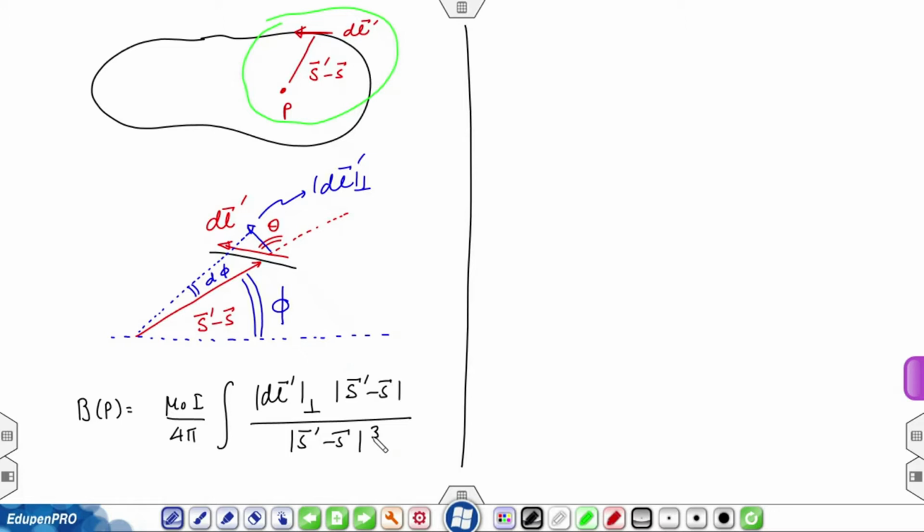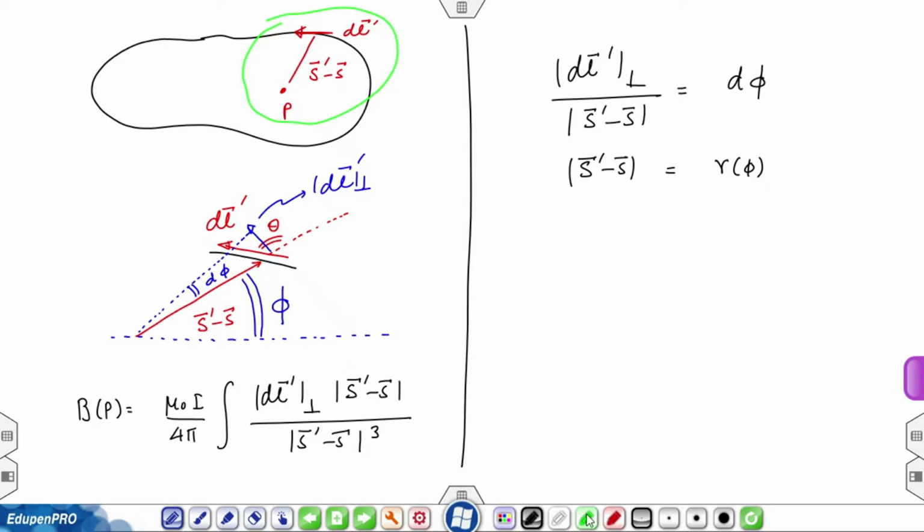Now, you notice that dL prime perpendicular over mod s prime minus s is nothing but d phi, and mod s prime minus s is nothing but r phi.